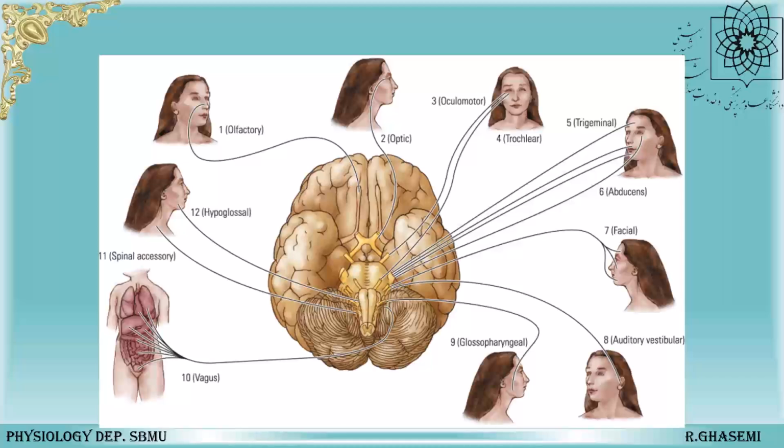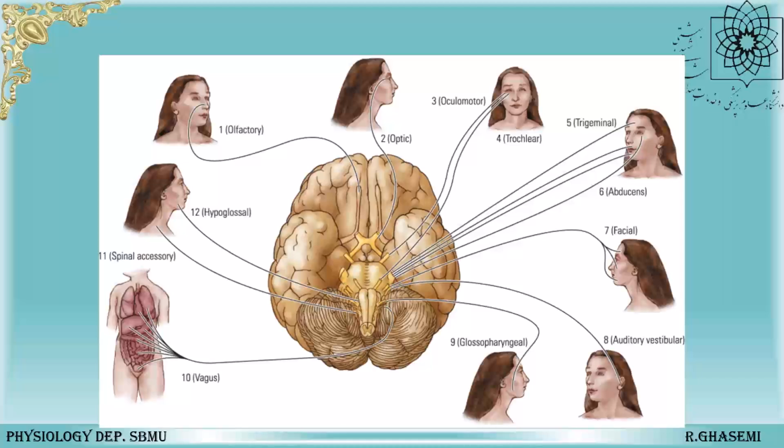We have some higher functions of the brain that are assessed by the mental status, and on the other hand, we have the cranial nerves. I told you about 12 pairs of cranial nerves and different ways to evaluate their function. Some of them were purely sensory, some were pure motor, and some were mixed.